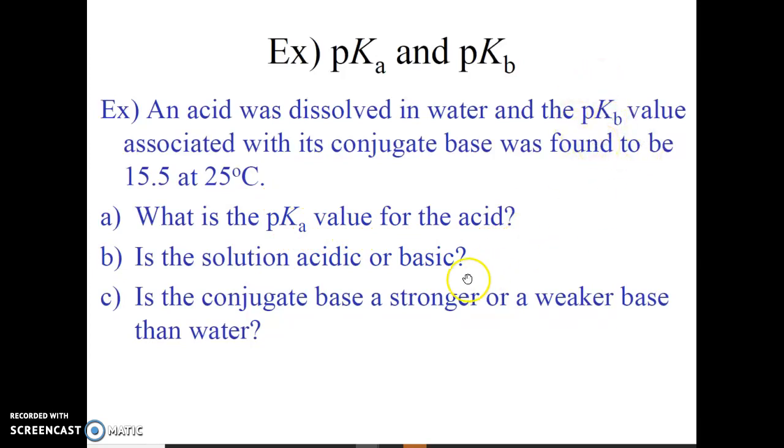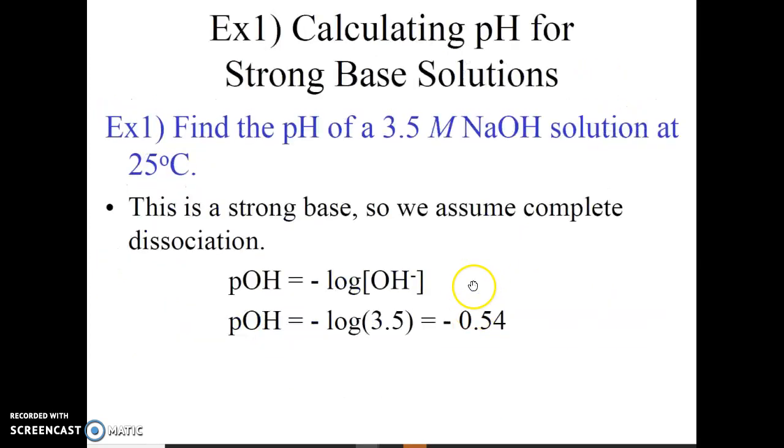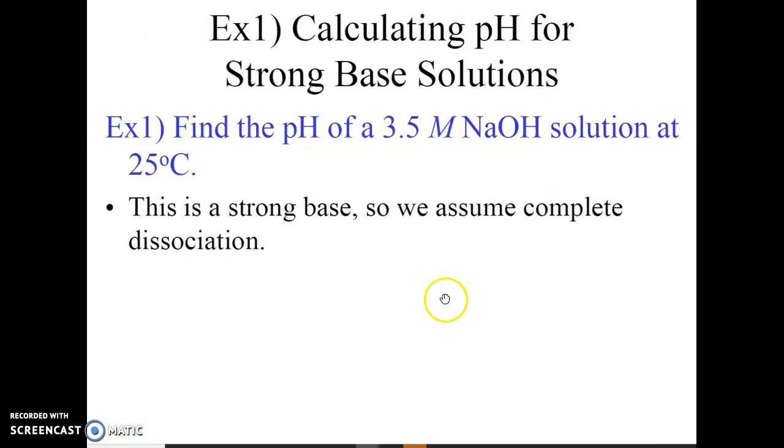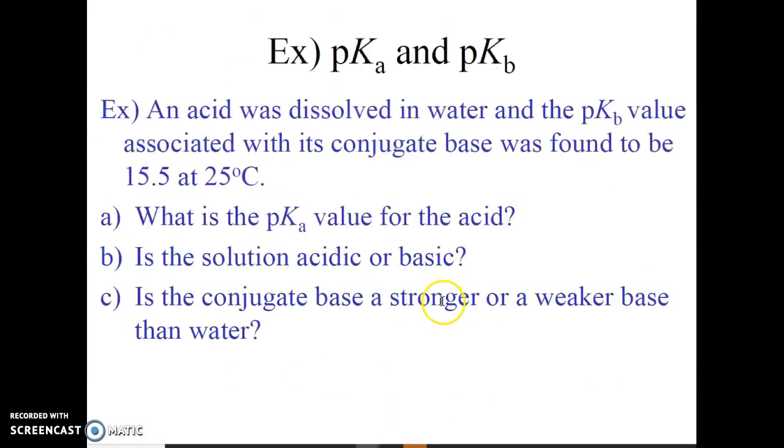So we know the pKb value, and again, if we use our equation 2 now here, we know pKa plus pKb is going to be equal to 14. And so we've got 15.5 plus x is going to be equal to 14. And so pKa then, if we solve that equation, would end up being negative 1.5.